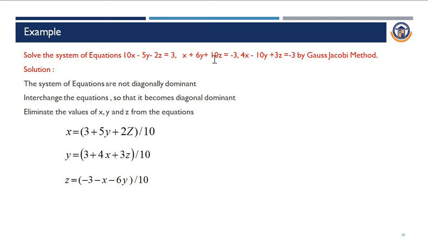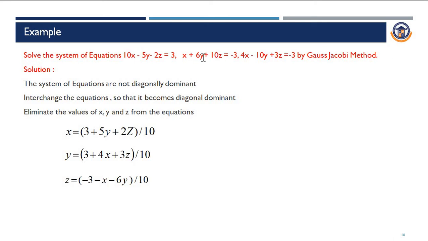So what I have to do is rearrange the equations. How can I rearrange the equations? Since here the coefficient of z is highest, I have to set this equation as the third equation and this equation as the second equation. If I do that, then the system of equations is diagonally dominant, because in the first equation the x coefficient is greater than or equal to the sum of the remaining two.